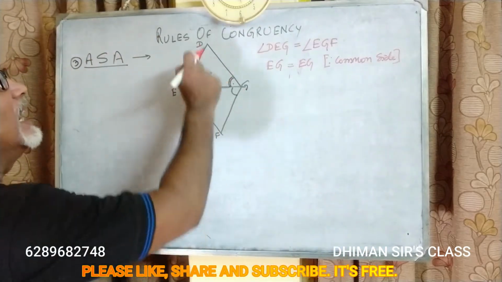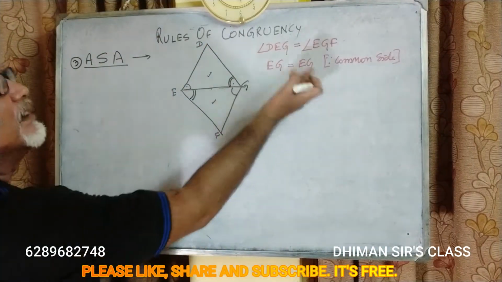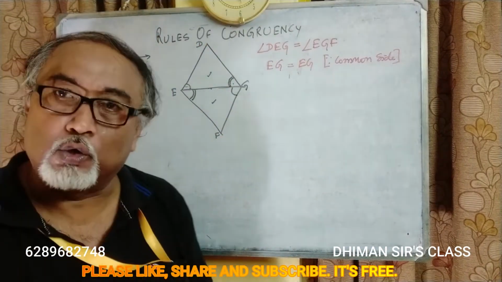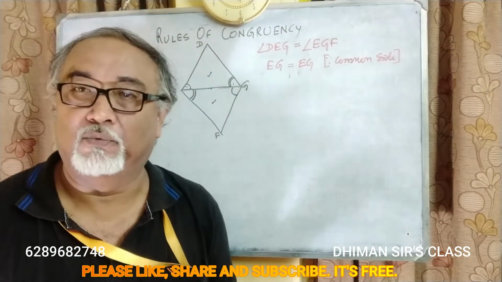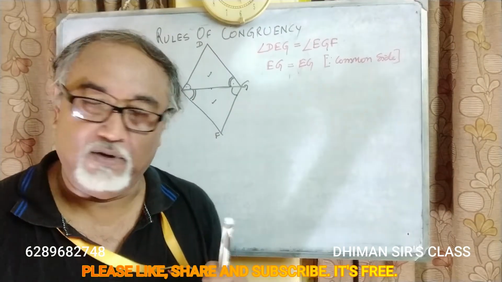This is the common side in both the triangles. EG is equal to EG. You are equal to yourself. I am equal to myself. Isn't it? Okay.